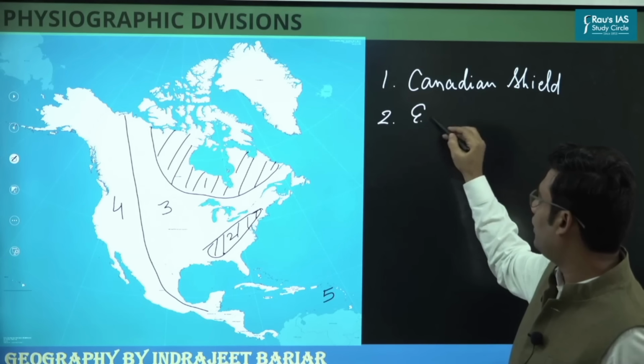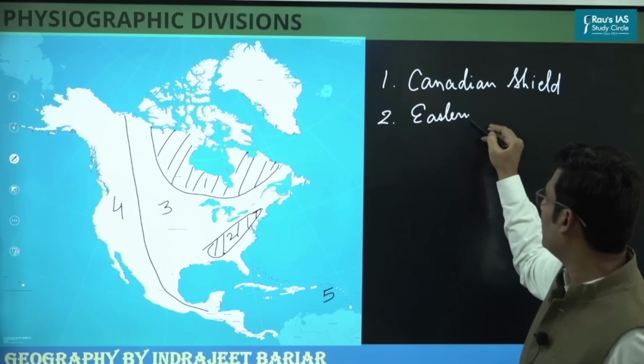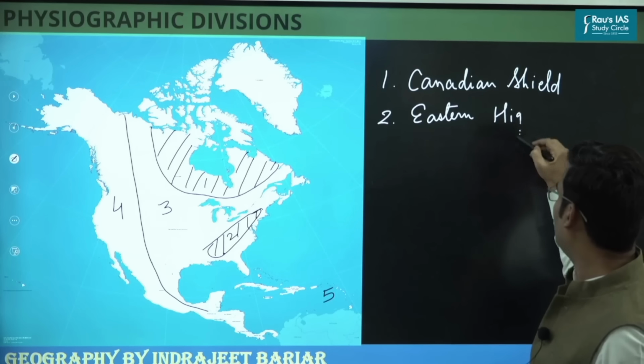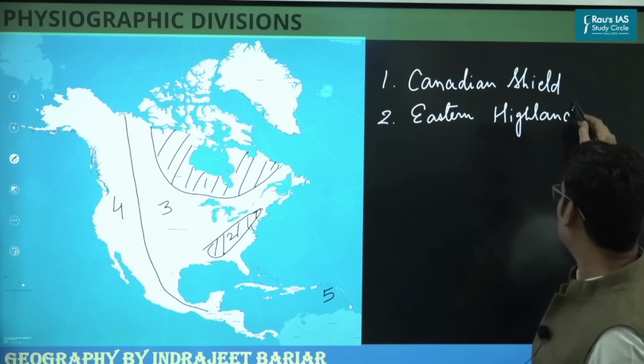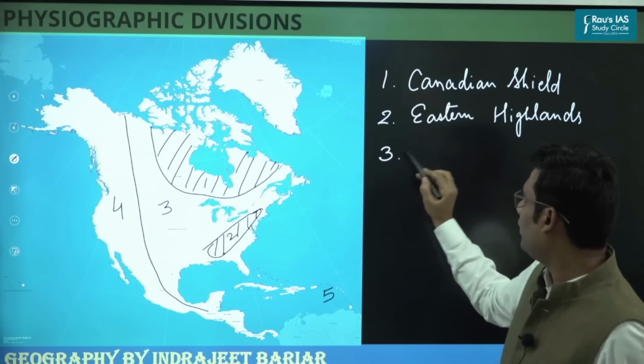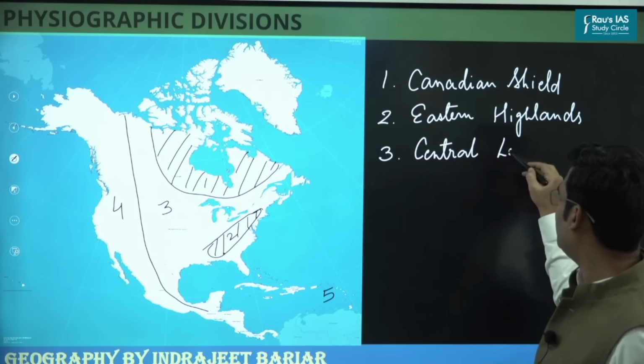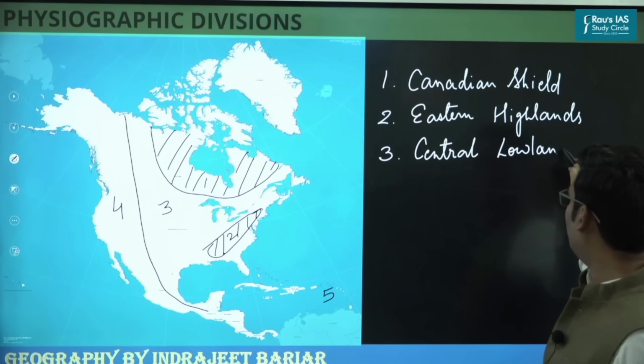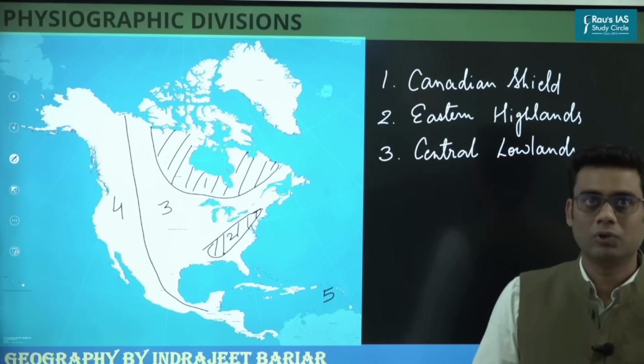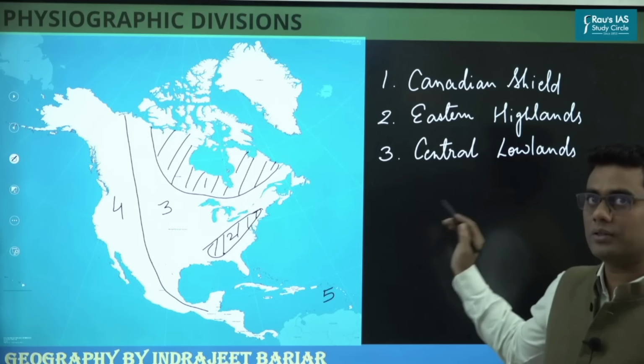Second division that I told you is Eastern Highlands. The third division now is called Central Lowlands.